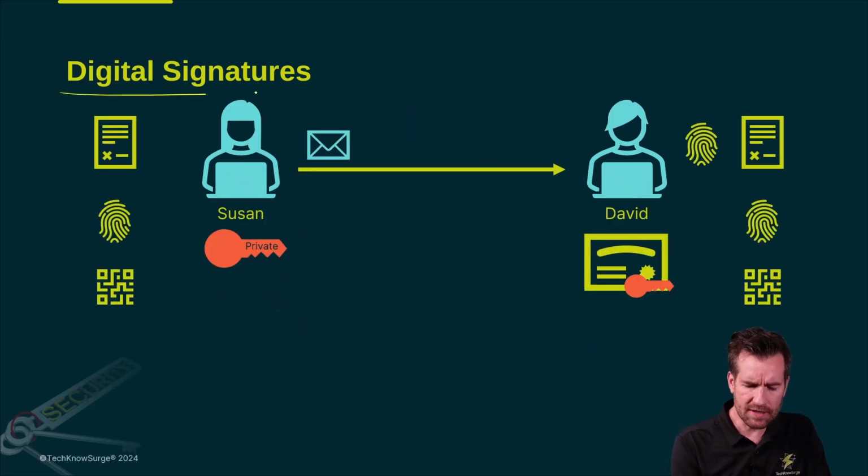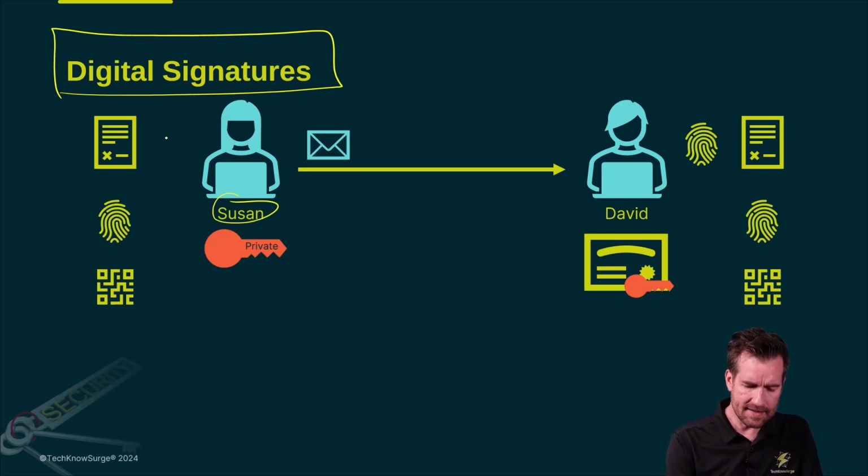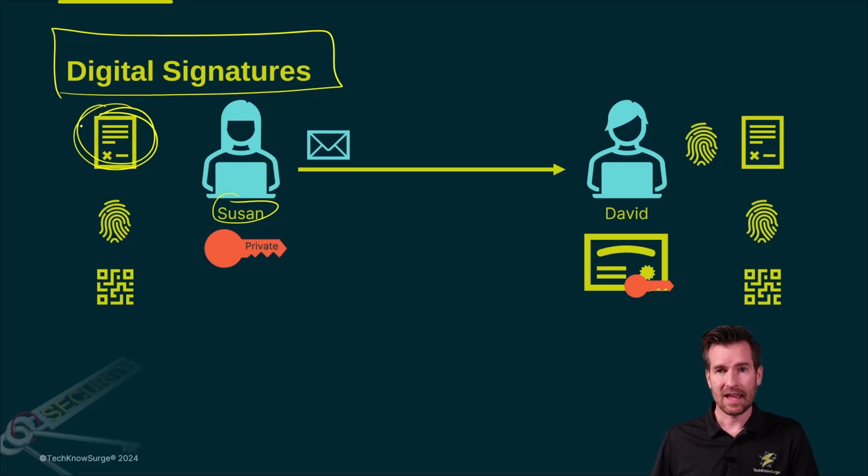So how do digital signatures work to create integrity and authenticity? Well, Susan here has a document that is going to be digitally signed. It's going to be a legal document. What she's going to do is create a hash, which is a fingerprint of that document.